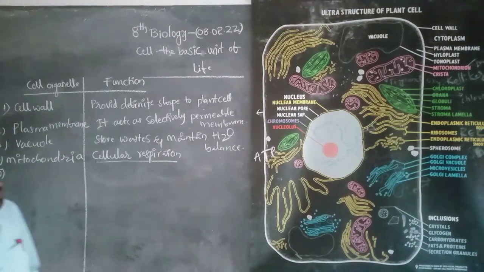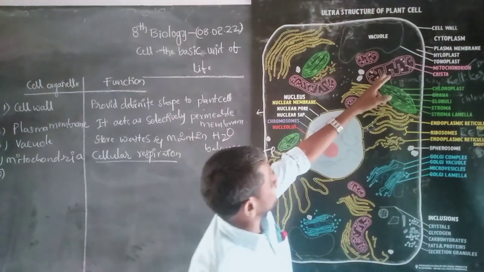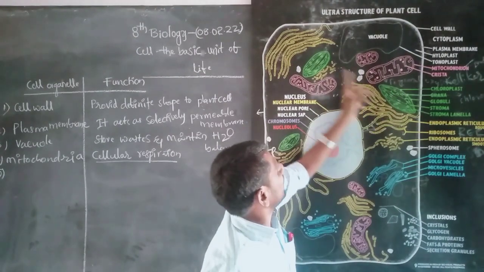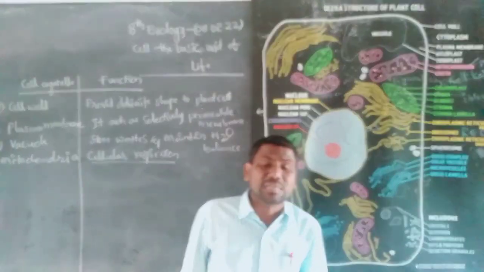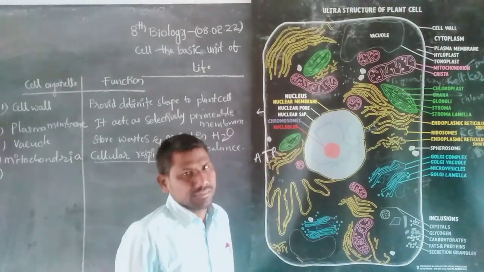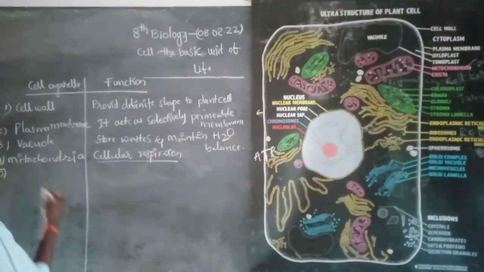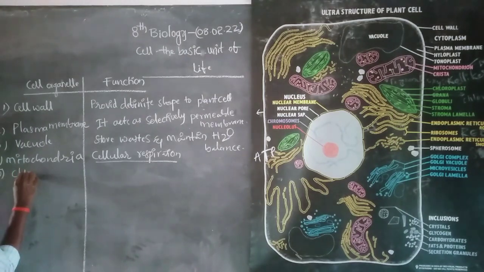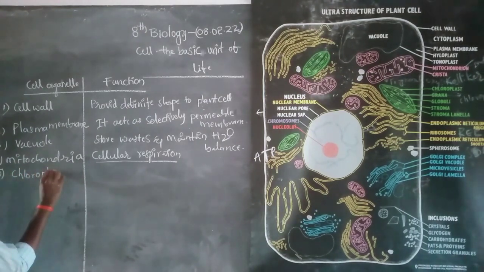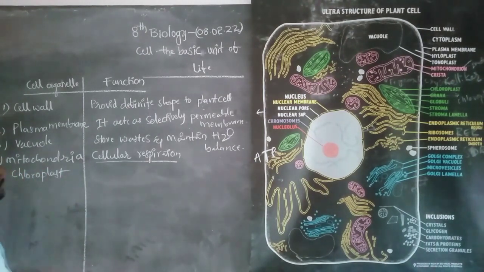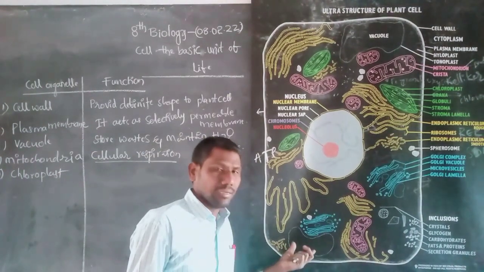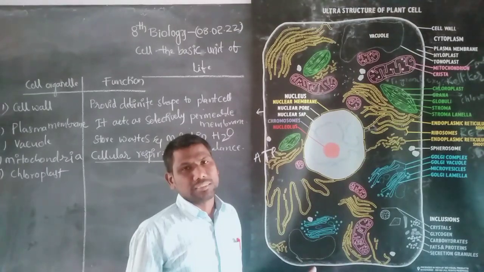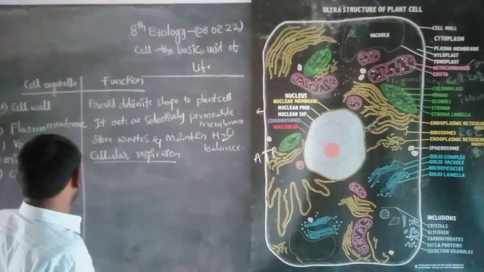Next, this mitochondria is followed by the green colored cell organelle. This is called chloroplast. Chloroplast is only present in plant cell. It is absent in animal cell. What is its function?